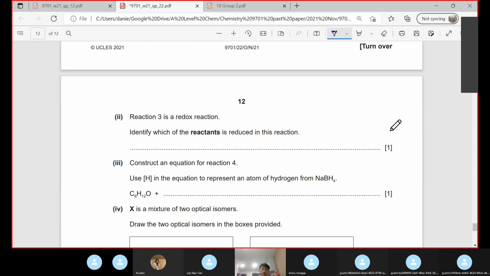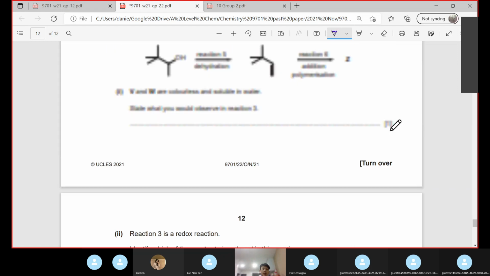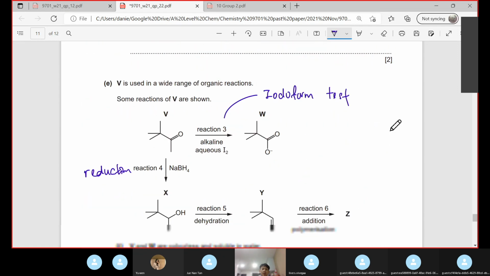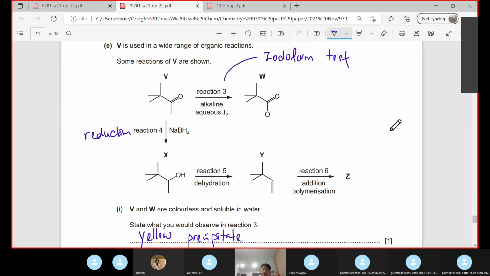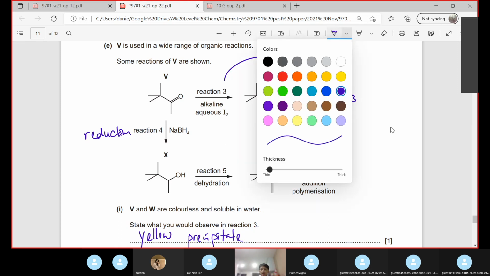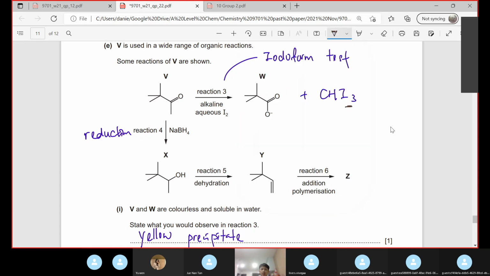Okay, reaction 3 is also a redox reaction. Identify which reactant is reduced. This one requires you to know your other product, which is CHI3. The I in CHI3 has an oxidation number of -1, and here we have iodine.